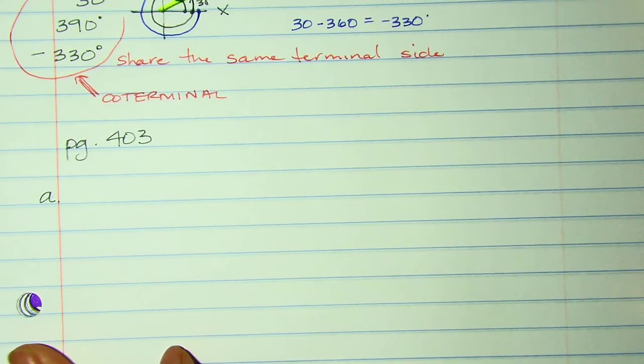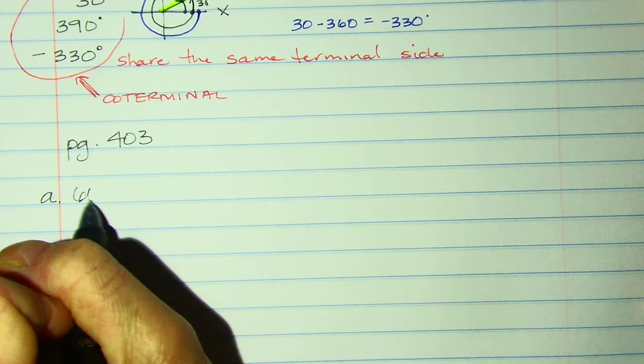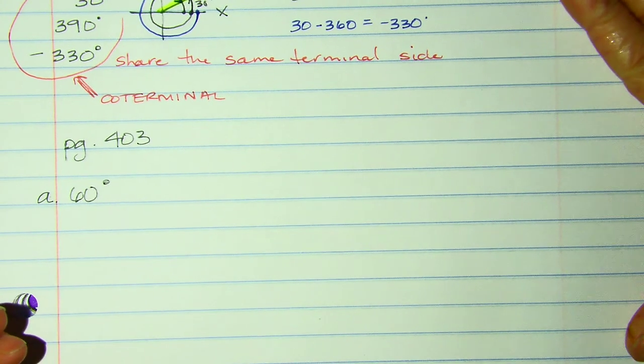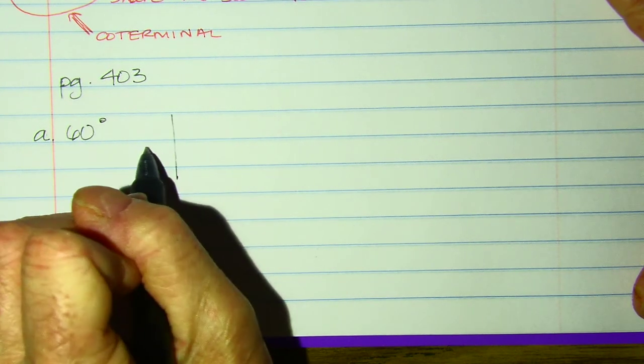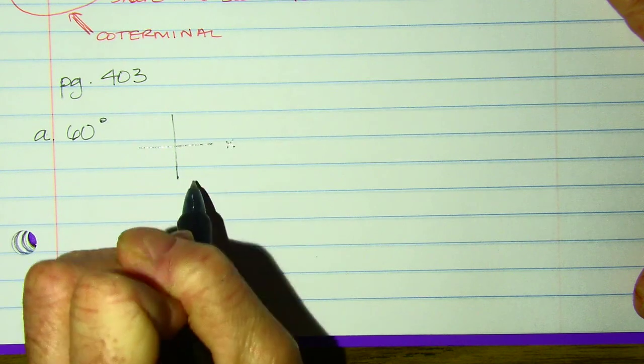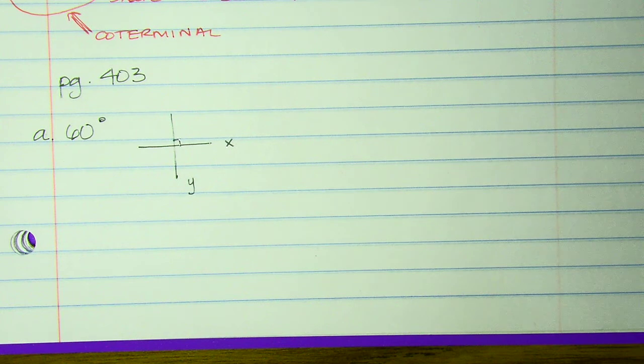So part A would like us to draw the angle of 60 degrees. You can use a protractor, but what's really important is they want you to remember where positive and negative angles go and what direction they are. So here are my x and y axes. Here's x, here's y. Now I know that this right here is 90 degrees, and this is a positive angle.